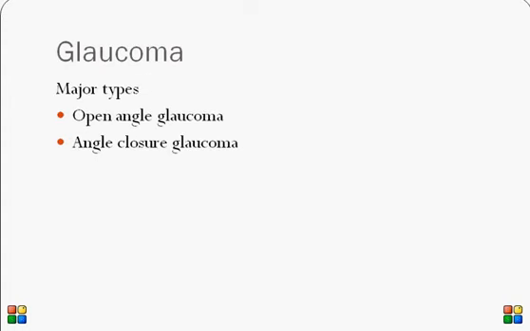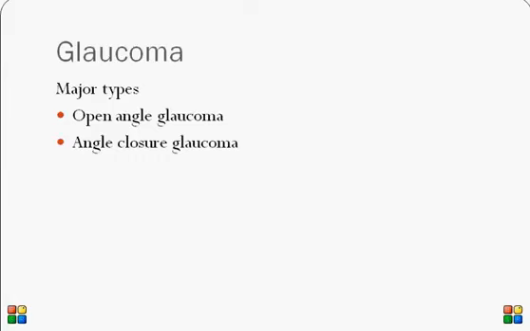The major types of glaucoma are open angle glaucoma and angle closure glaucoma. As the name itself suggests, the angle, that is the iridocorneal angle between the cornea and the iris, if that angle is open, it's called open angle glaucoma. That is, the trabecular meshwork, which is a part of the angle of the anterior chamber, if that is blocked, then that is open angle glaucoma.